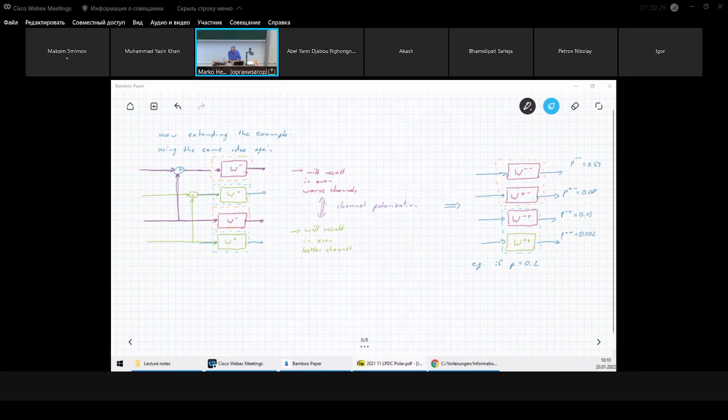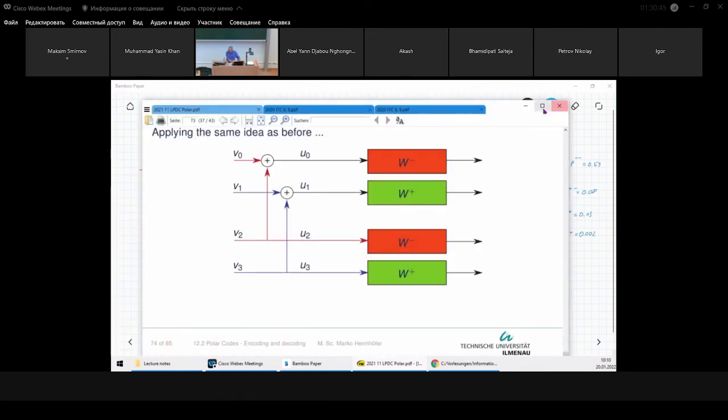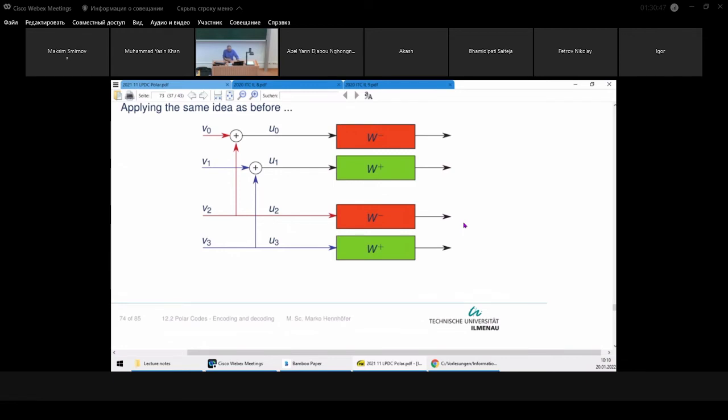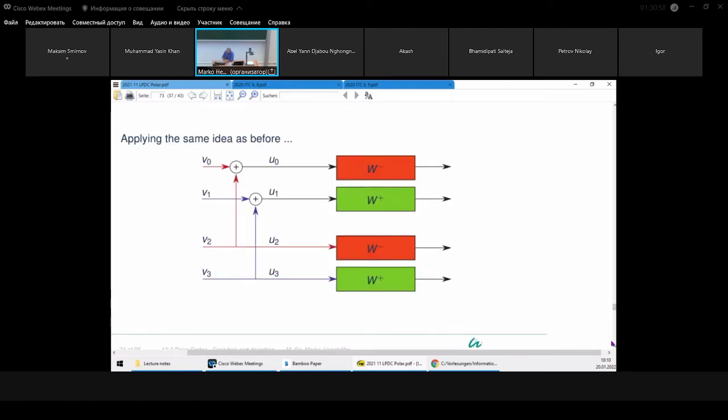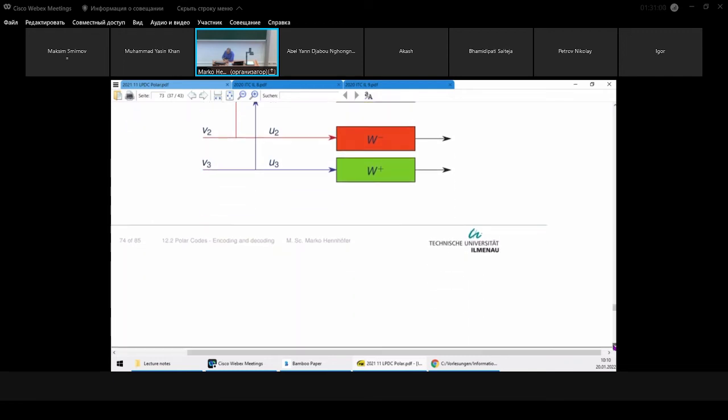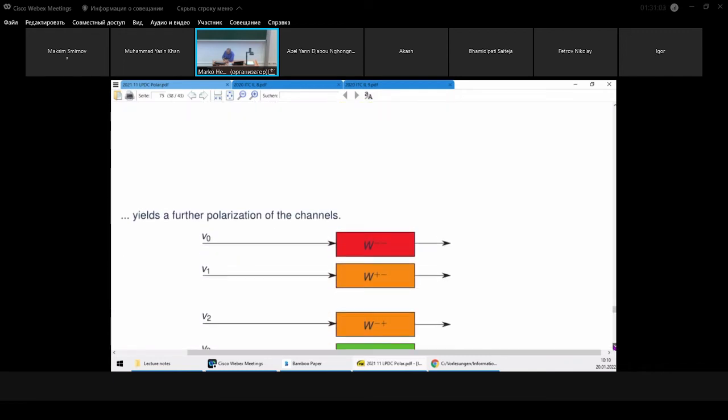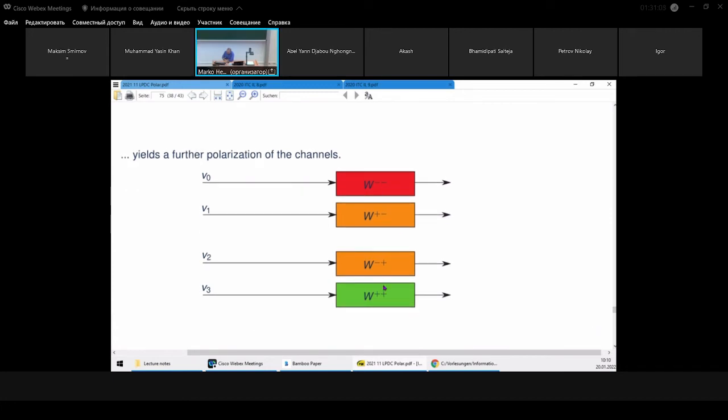But before we look at an actual decoding example, I'll show you this polarization also using my lecture slides. Here you basically see the same thing that we have drawn in the lecture, applying the precoding again to our W minus and W plus channels, which results in these four new channels.